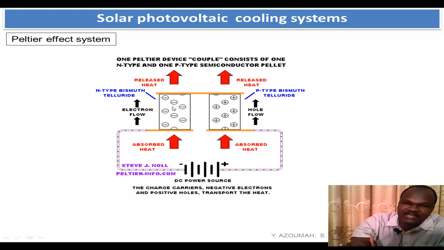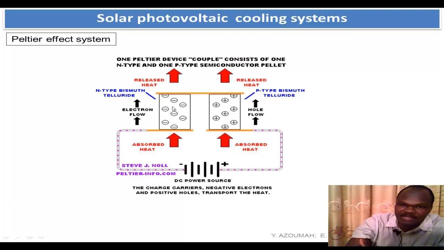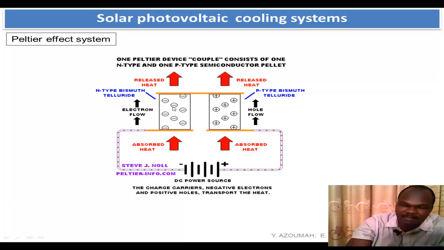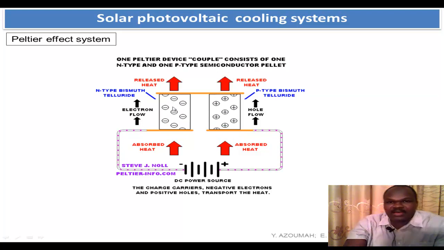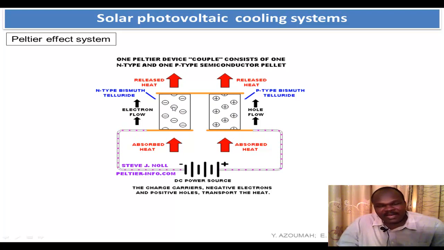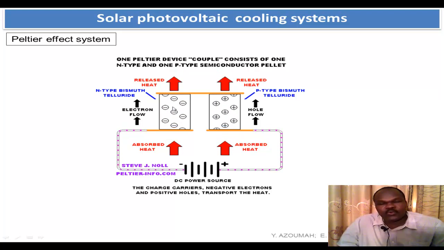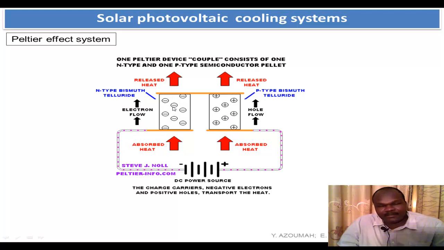A carrier like an electron has to overcome the gap, either by absorbing some energy somewhere to get the force to overcome the gap, or by losing some energy in order to pass the gap.